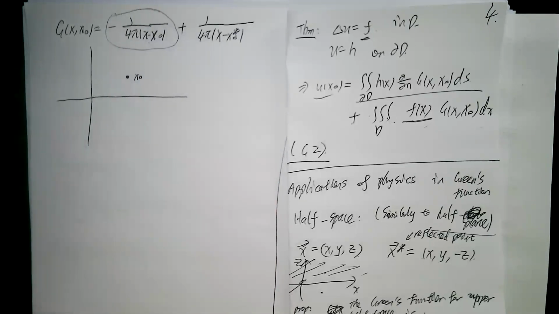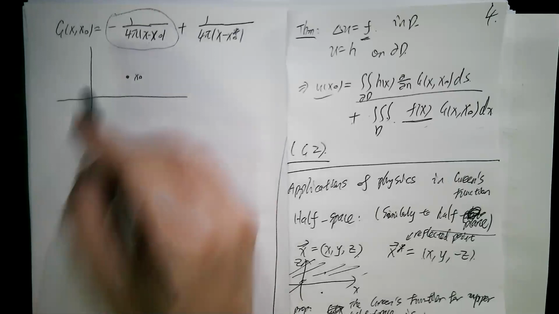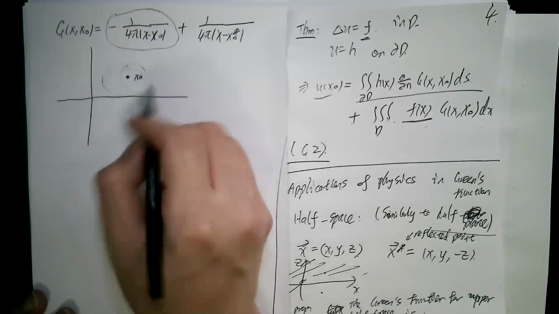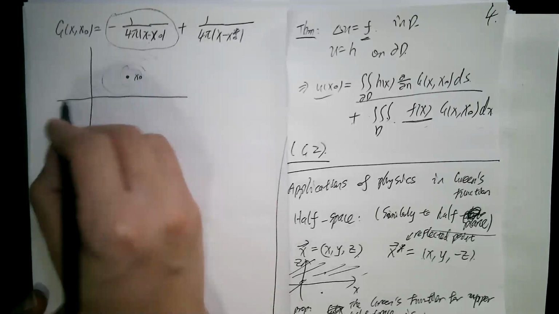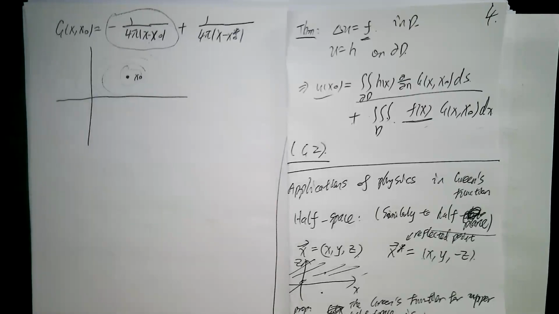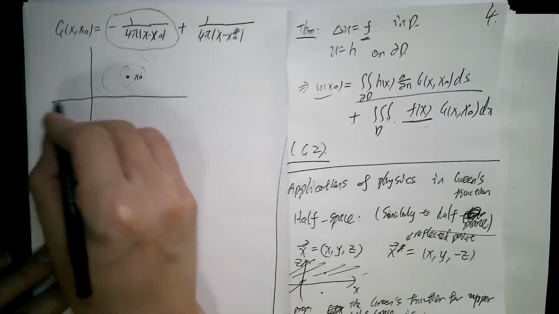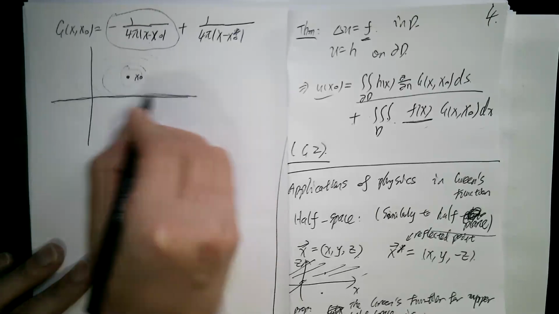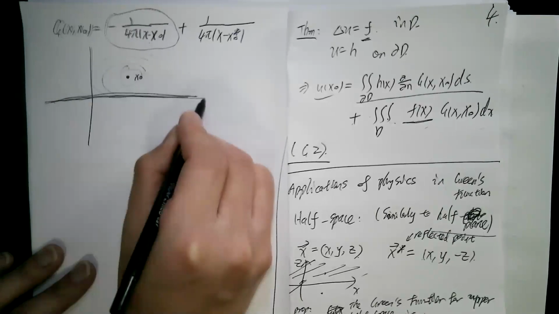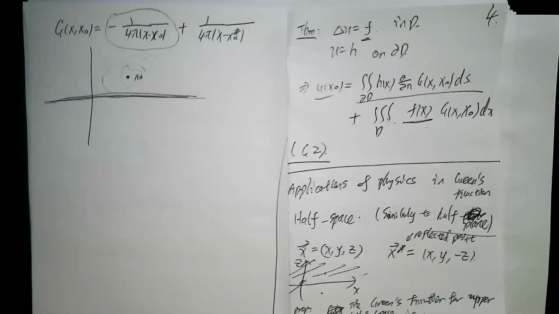But then you find that it's not the Green's function, because the electric potential on this xy plane is not 0.